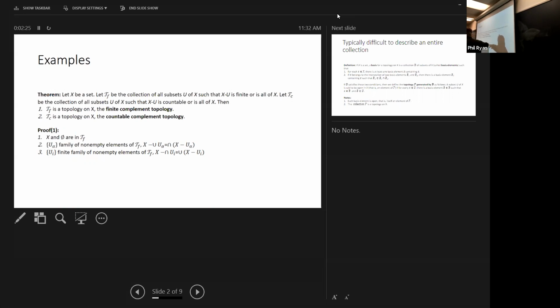If you take the complement of that, by De Morgan's law, that's the same thing as the intersection of these complements, but by the definition of the finite complement topology, these are finite sets, and the intersection of finite sets is finite. Well, wait a second. That intersection is happening over a family that might be infinite? But it doesn't matter because we've got finite sets. So even an infinite intersection of finite sets is going to be finite.